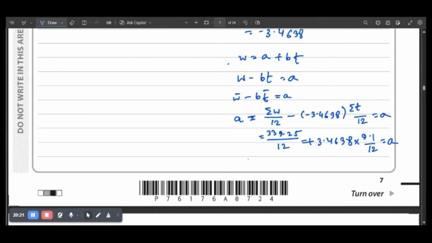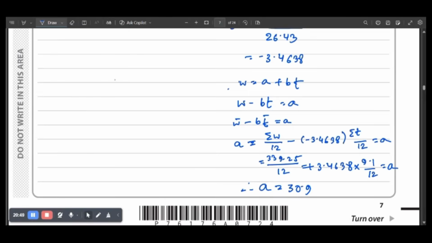This will give us A. So A is equal to 30.9.